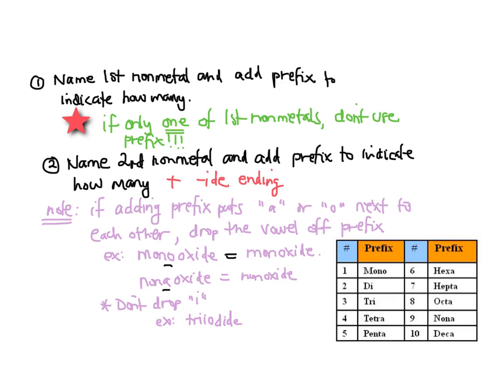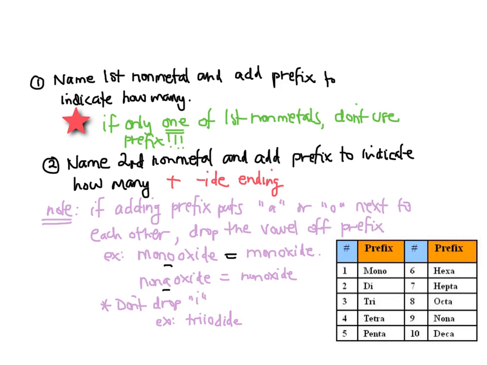And another thing that you need to know is that when you're putting the prefix on your nonmetal and it ends up putting an A or an O on the prefix next to an A or an O on the name of the nonmetal, you would drop the vowel off the prefix. So for example, if you had 1 oxygen in your compound, you wouldn't say mono-oxide, you would drop that O and make it monoxide.